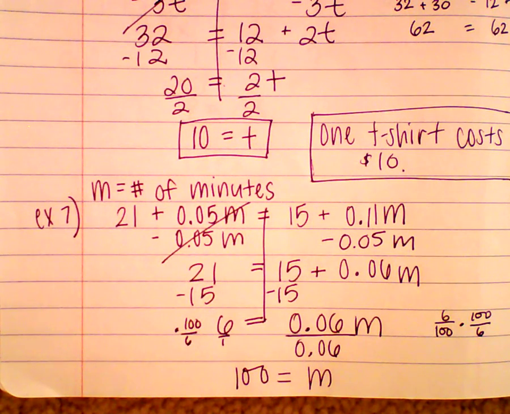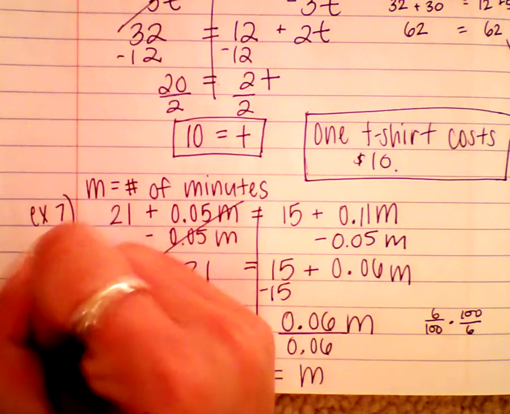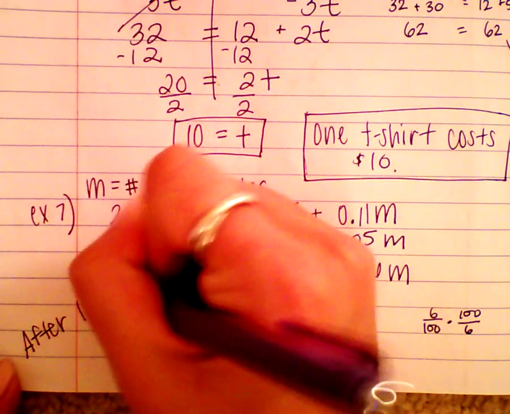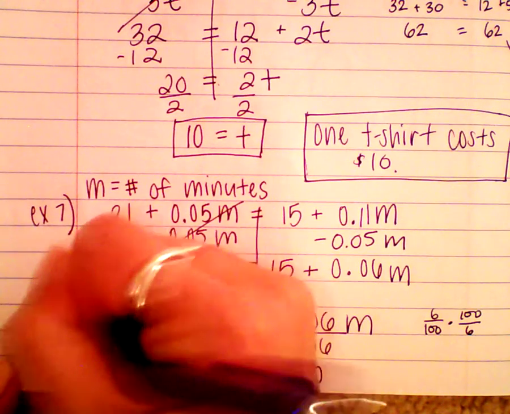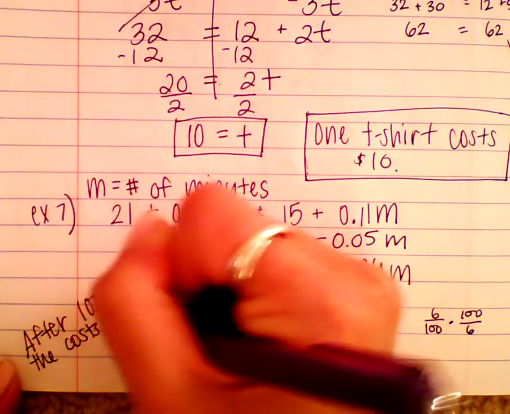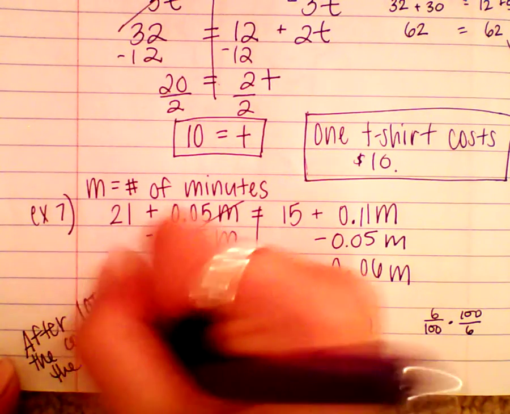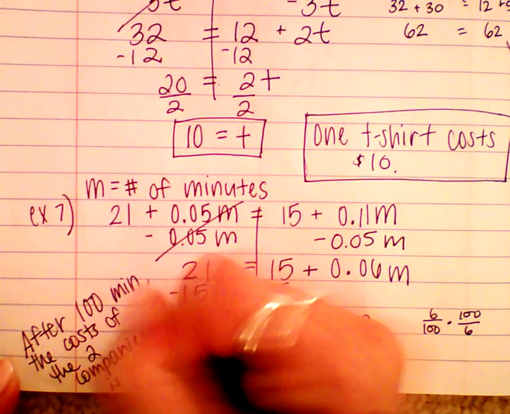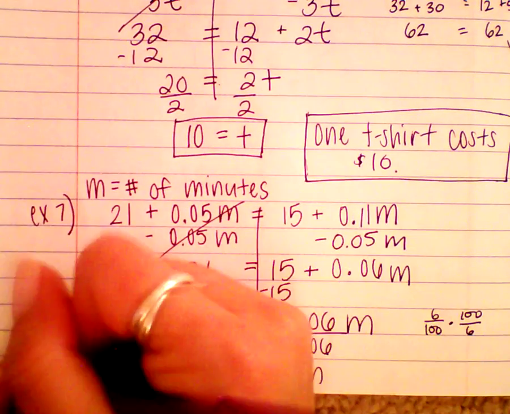Determine how many minutes a month you must use for the costs of using either company to be equal. So, answer the question. After 100 minutes, the costs of the two companies is equal.